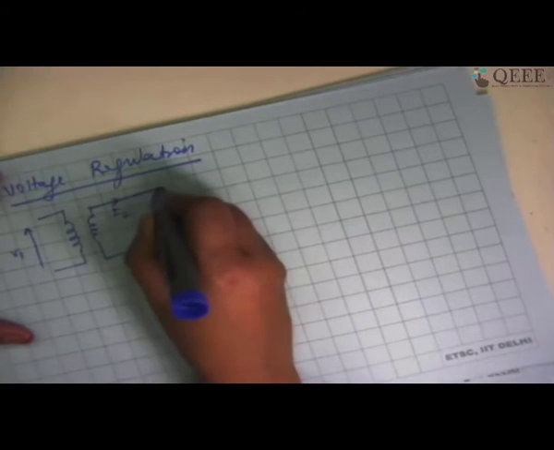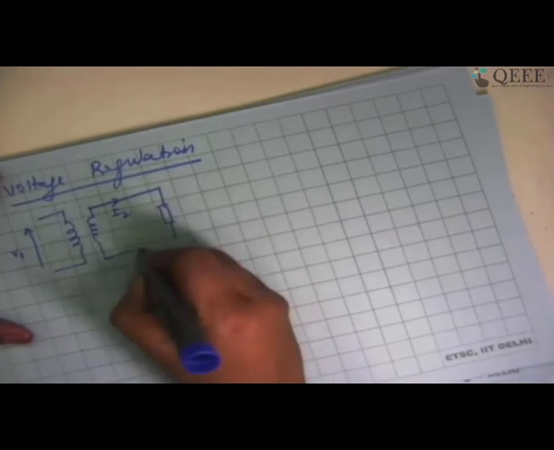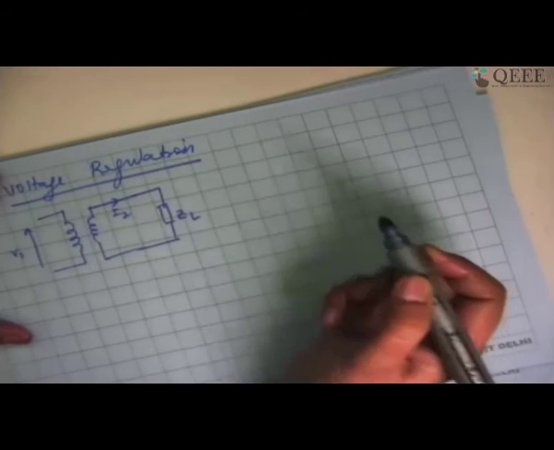Right? Got it? Yes? So let us now go to the discussion on voltage regulation. Let's say I have a transformer here. This is the primary. I am applying V1 volts and I2, and I have connected a load ZL.